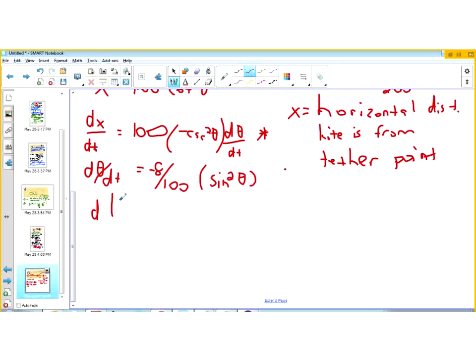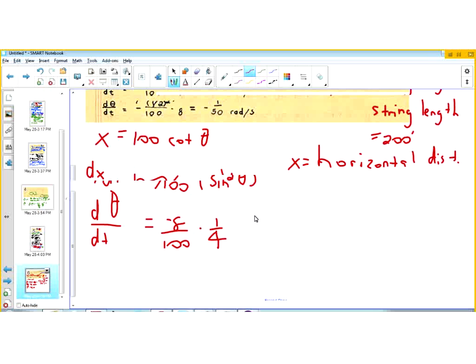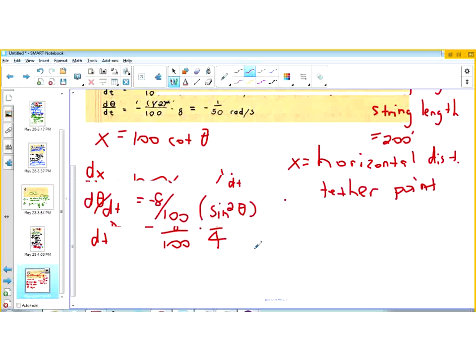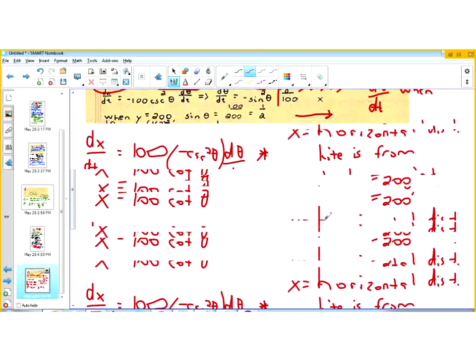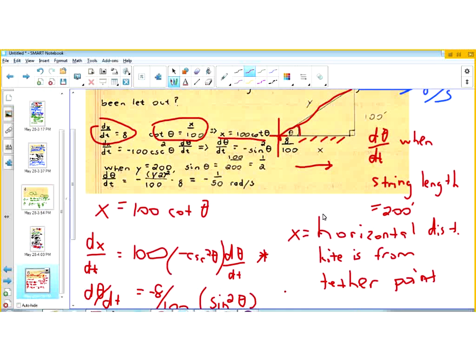You see how y is related to theta by the trigonometric relationship. So d theta over dt is equal to negative 8 over 100 times 1/4, because sine squared theta would be a fourth. That would be minus 1 over 50. The rate of change is expressed in radians, so that would be radians per second. So the angle is changing at 1/50th radians per second.